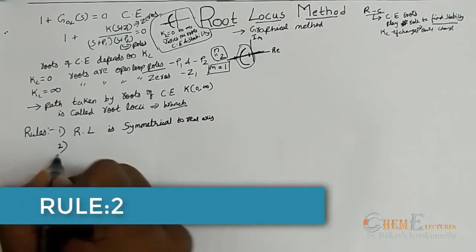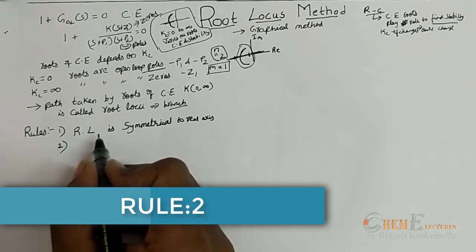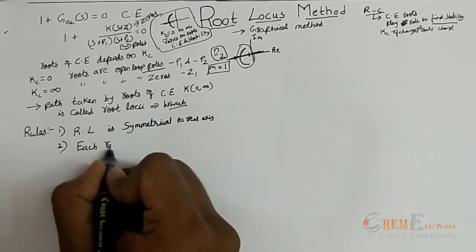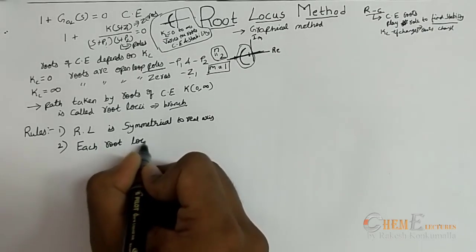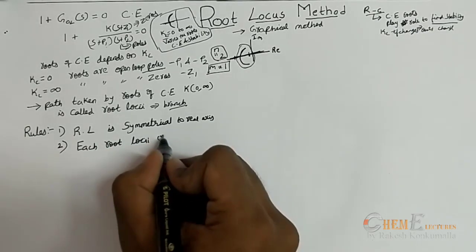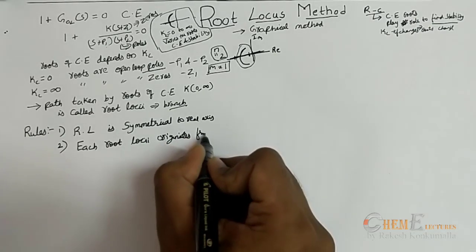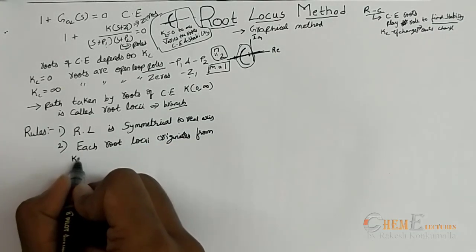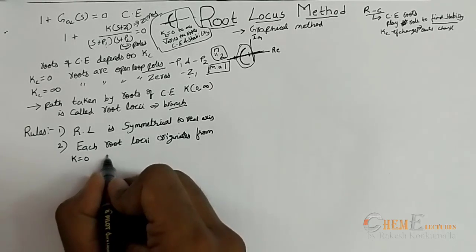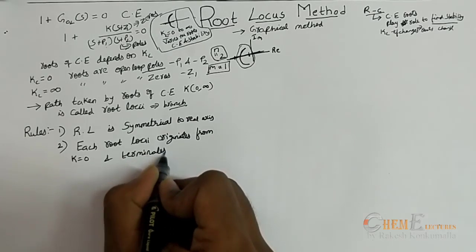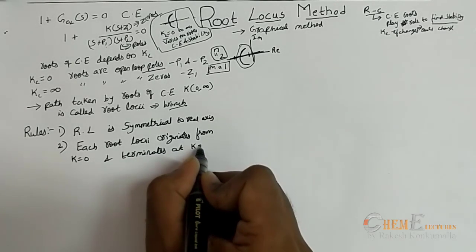Then the second rule is that each root locus originates from k equal to 0 and terminates at k equal to infinity.